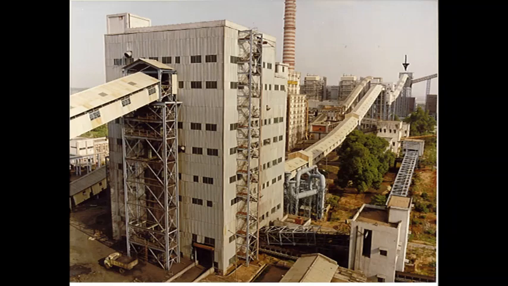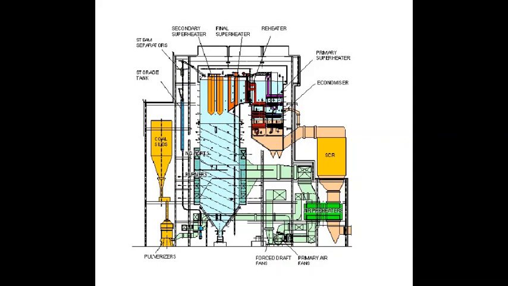The raw coal bunkers are placed in the vicinity of the boiler, and the coal is stored in such a way that at least 2-3 days of coal feeding stock is available within these bunkers. There are individual raw coal bunkers for each pulverizing system. That means each raw coal bunker is feeding a particular coal mill.